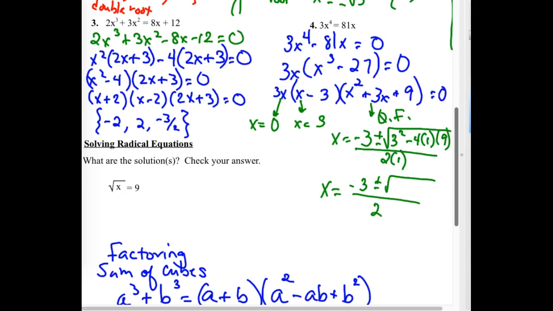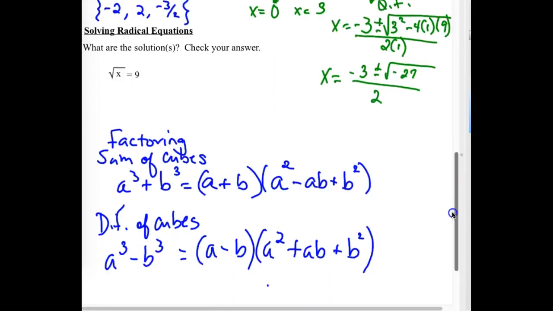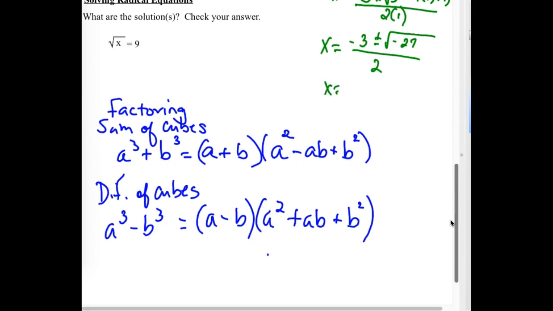We have 9 minus 36, negative 27. How is that going to be simplified? Negative means it is an i, imaginary. How would we break up the 27? 9 and 3, so 3 root 3. So we end up with negative 3 plus or minus 3i root 3, all divided by 2.